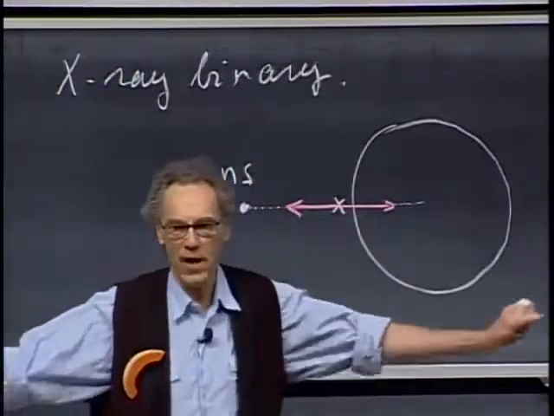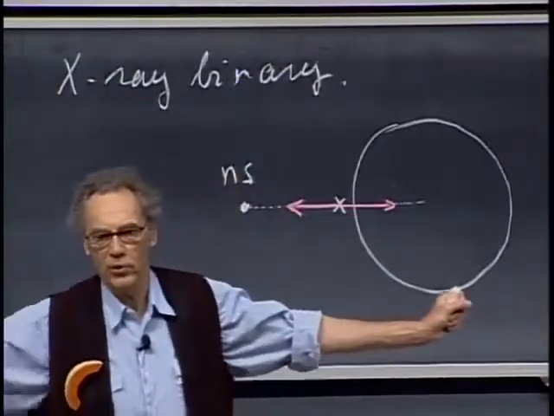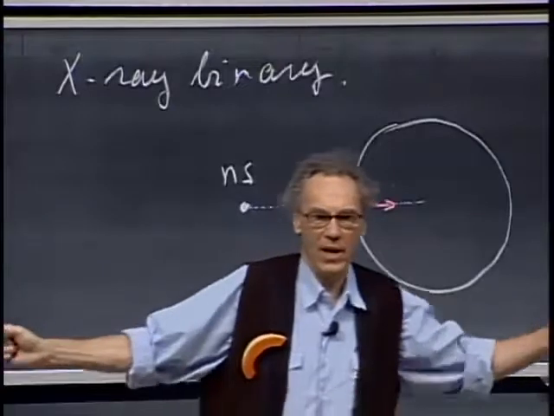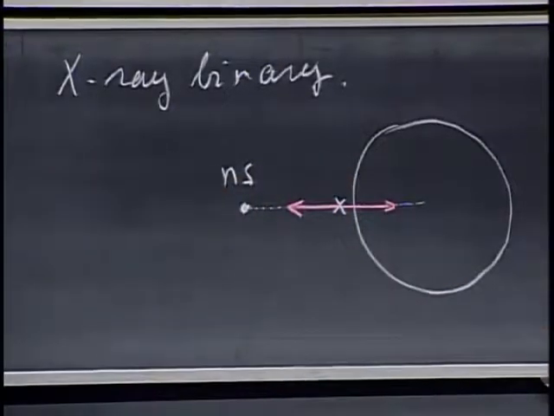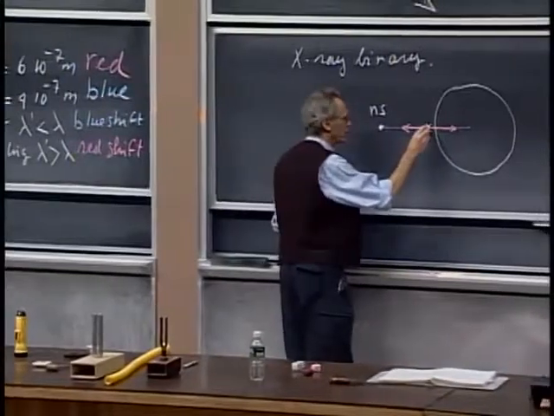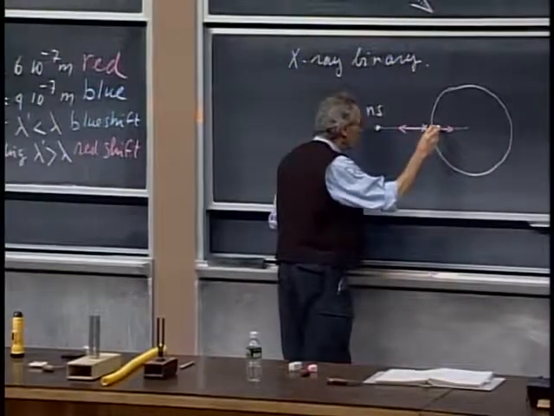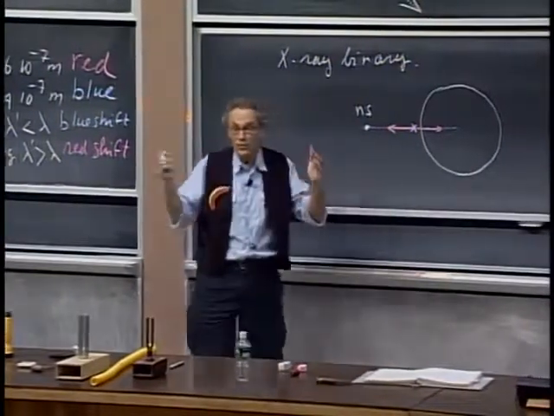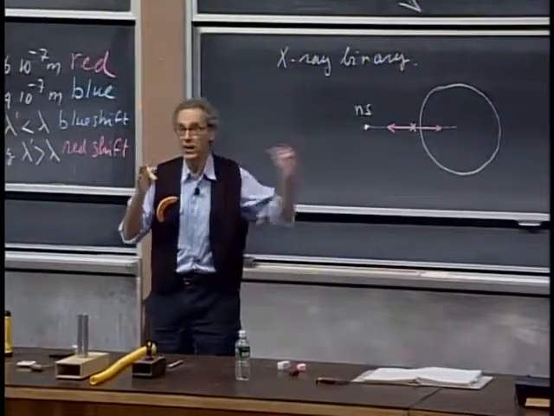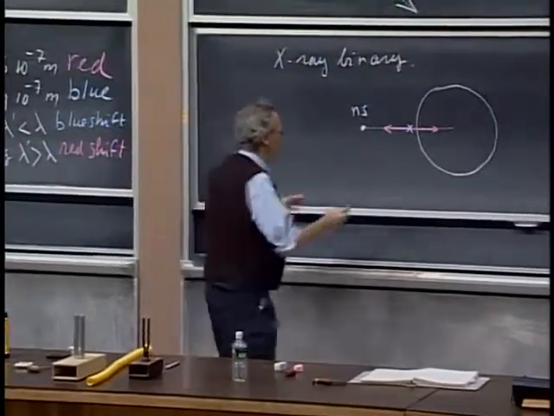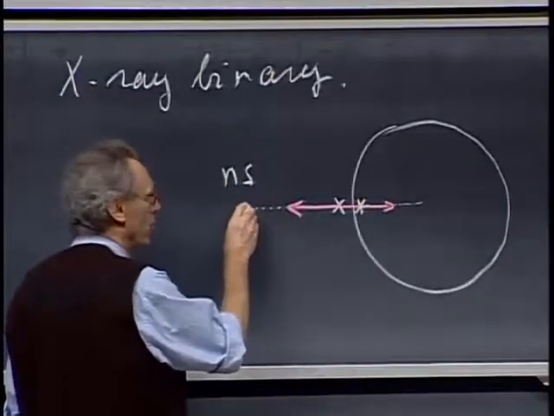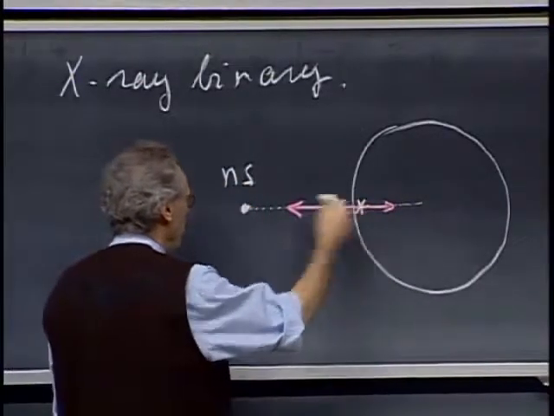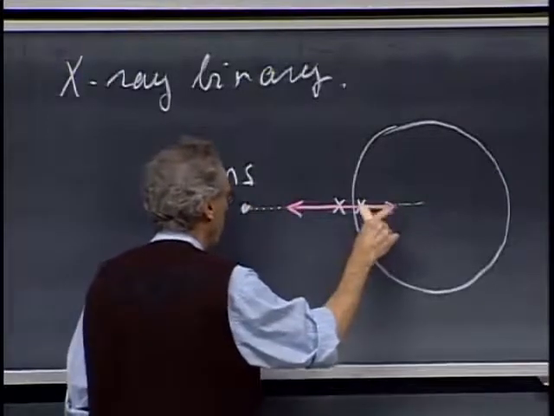In other words, if you were there, the neutron star would pull at you with exactly the same force as the other star. So you wouldn't know where to go. If this inner Lagrangian point lies below the surface of this star, that means if the stars are a little closer than I have drawn them here, then the matter of this star will fall towards the neutron star, because the pull in this direction is then larger than the pull in this direction.